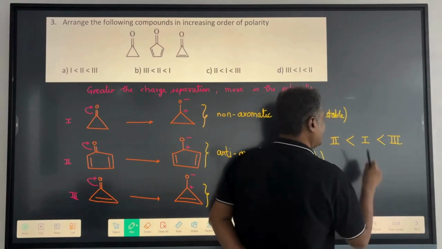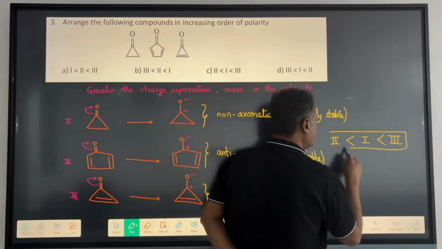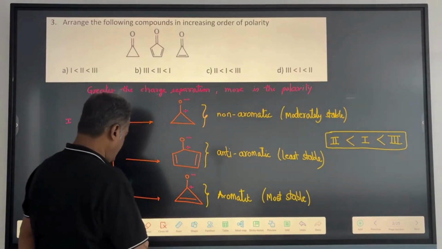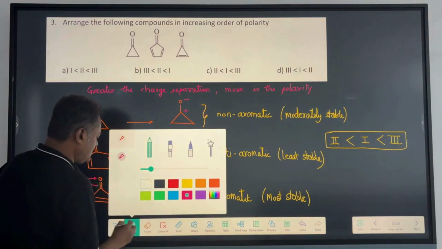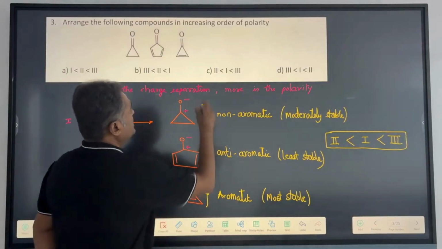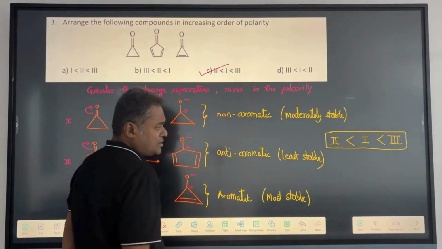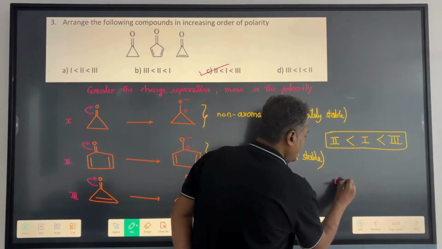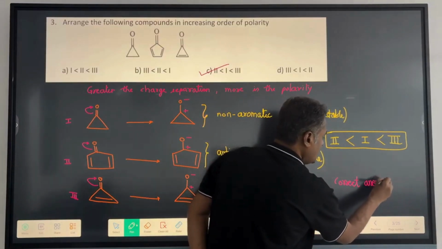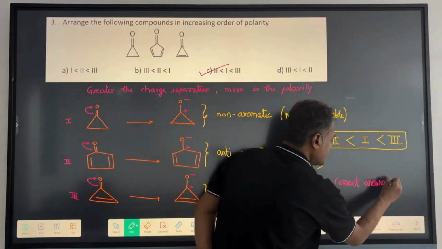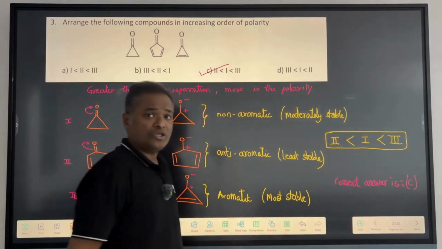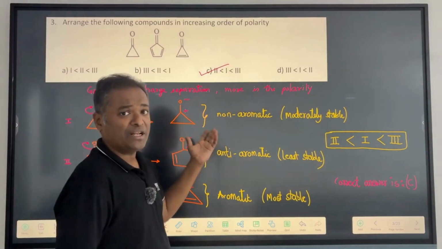So this is your correct answer. As per our answer key, option C suits well for this. So the correct answer is C, which I think is very clear. This question you must have seen, we have done it in class also.